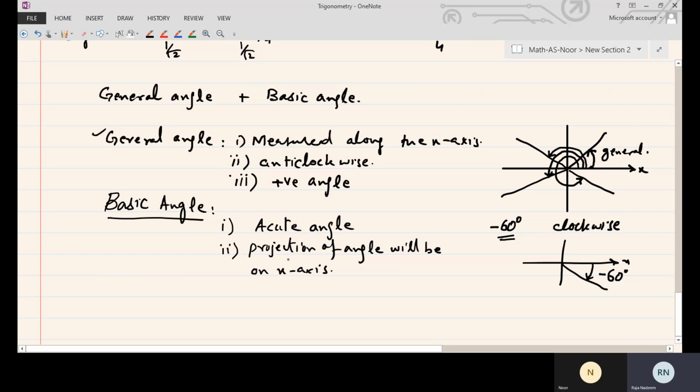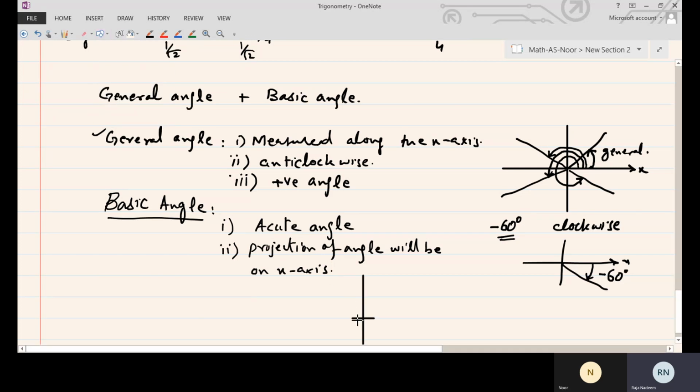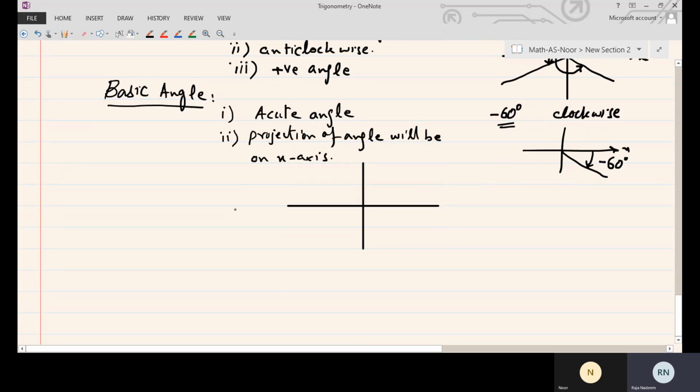The projection of the angle will be on the x-axis means the shadow of the angle would be on the x-axis, just like this. When we plot a line in the first quadrant, the projection of this angle is on the x-axis, and this angle is an acute angle. So all the acute angles along the x-axis are called basic angle.